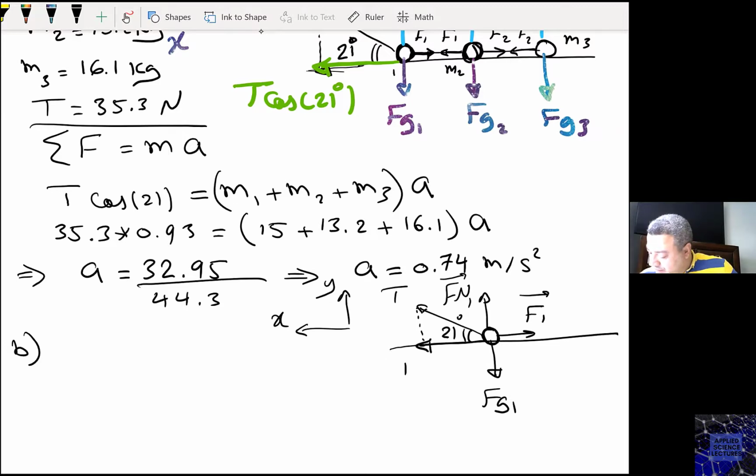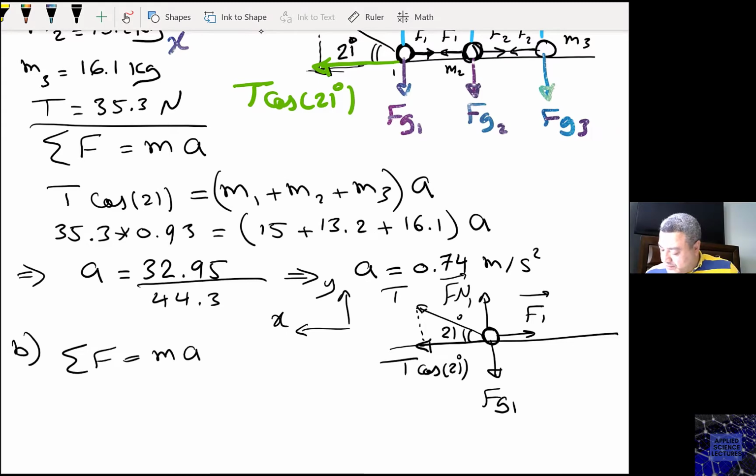So this one again is T cosine 21 degrees. Then applying Newton's law, sigma F equals ma.